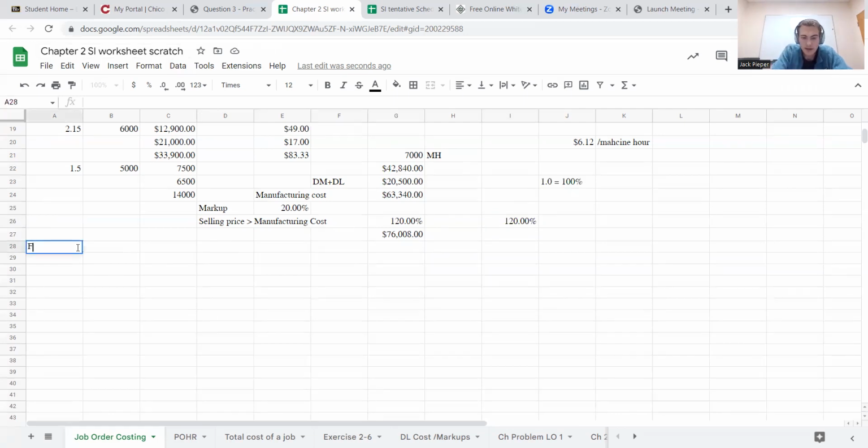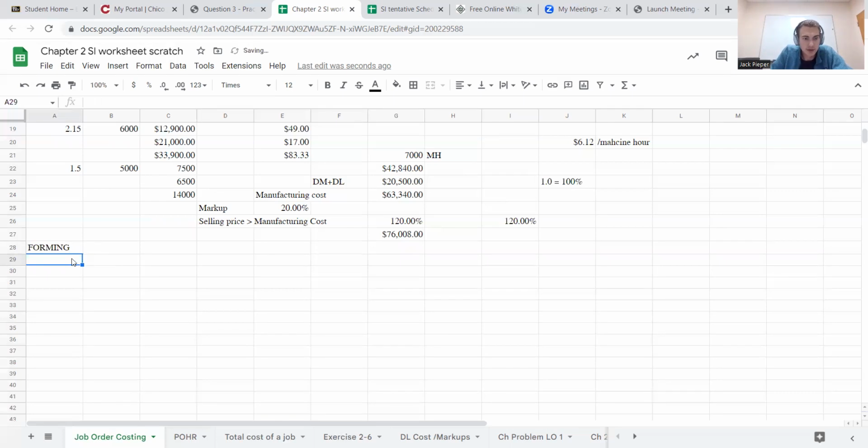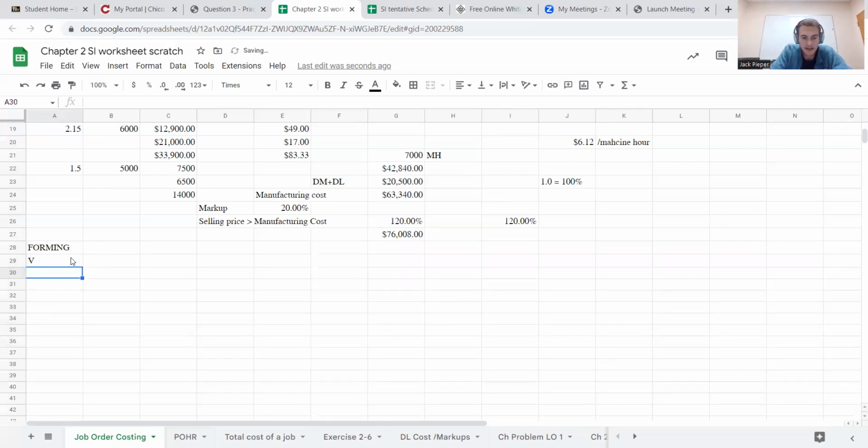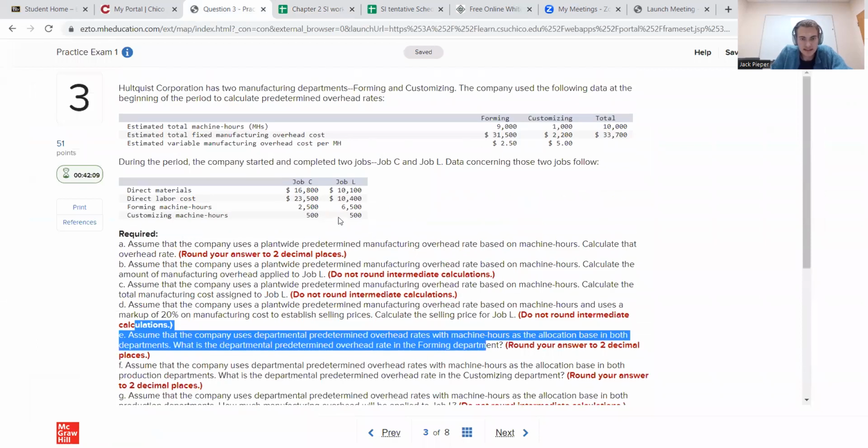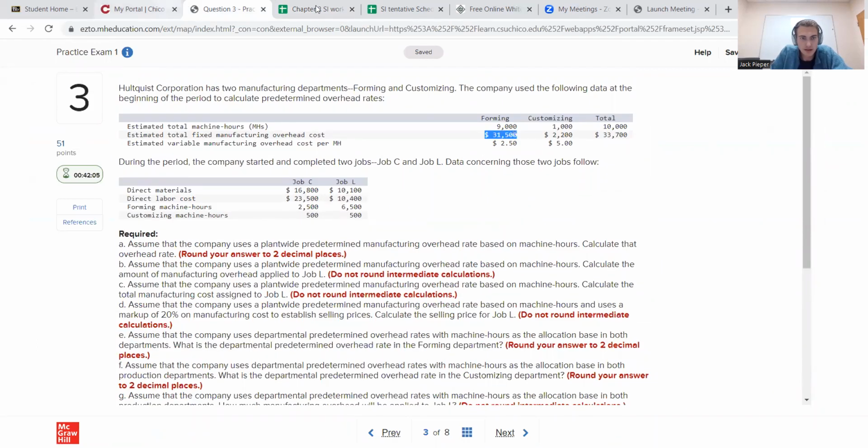We'll say forming, and we'll do variable, and we'll do fixed. Okay. The fixed is easy. We'll go up to the forming department. We'll say, okay, we had $31,500 of fixed.